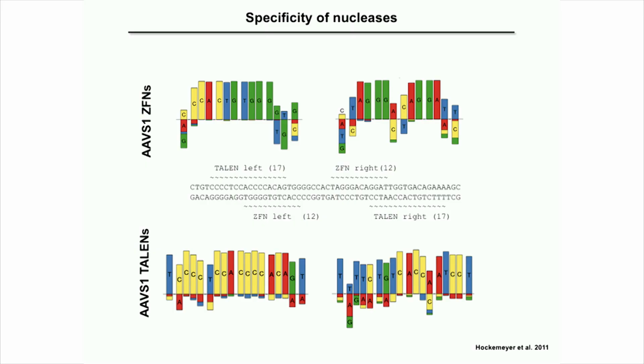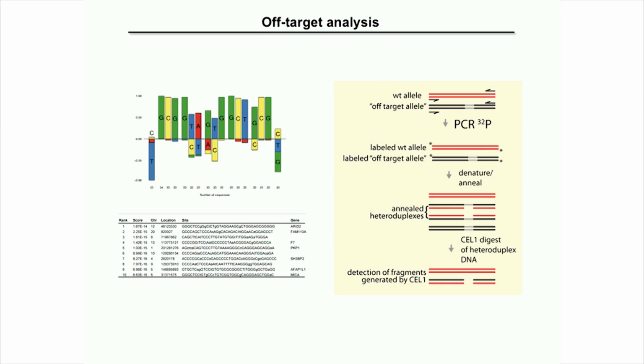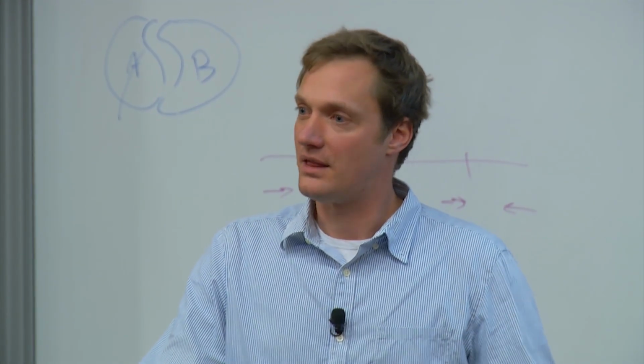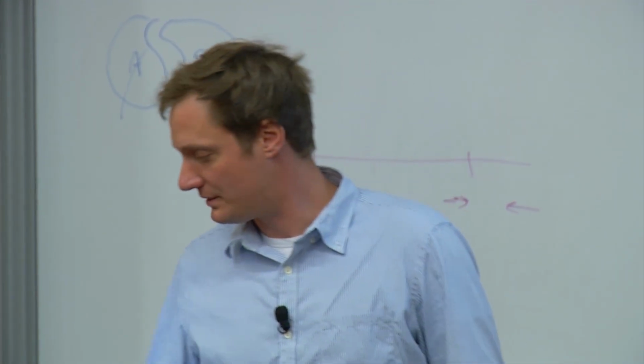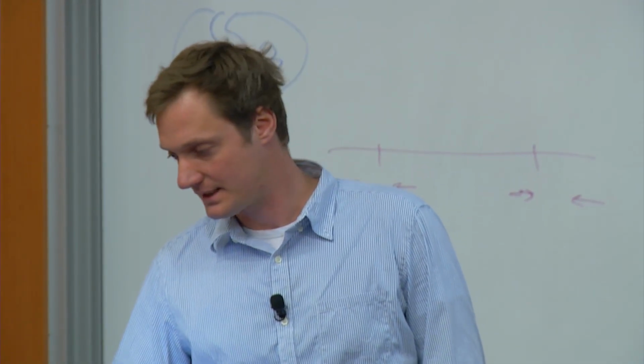The point why I'm bringing this up is that this leads to the question of prediction of off-targets. We did some efforts to figure out assays to use this prediction to survey where potential binding sites are within the stem cell genome, and to interrogate if sites other than AAVS1 are cut when you express these nucleases in human ES cells.